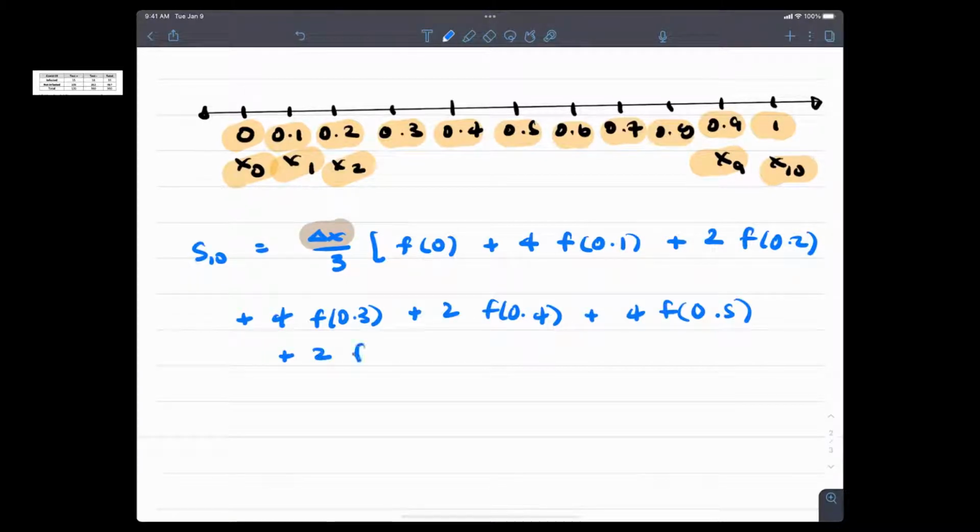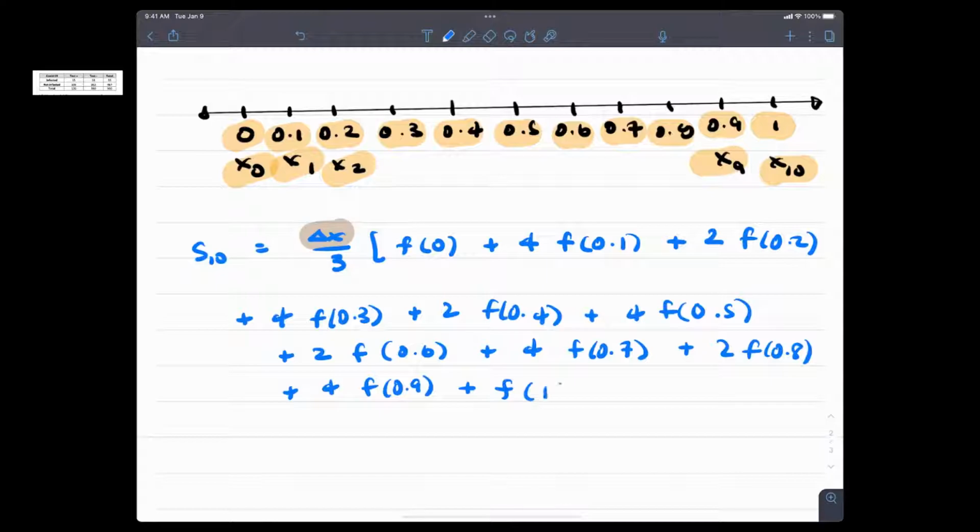Now just alternate between 2 and 4. f of 0.6, 4 f of 0.7, 2 f of 0.8, 4 f of 0.9. Notice you ended with the 4, and what's this one? f of 1 is just going to be what?